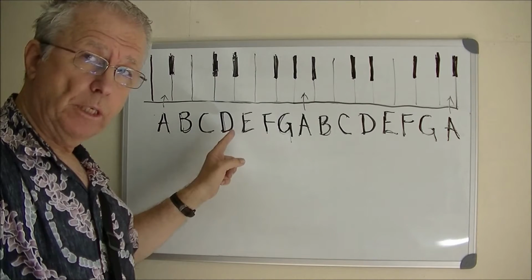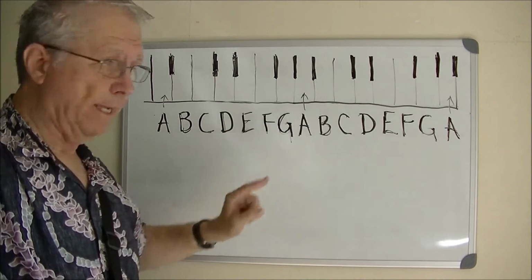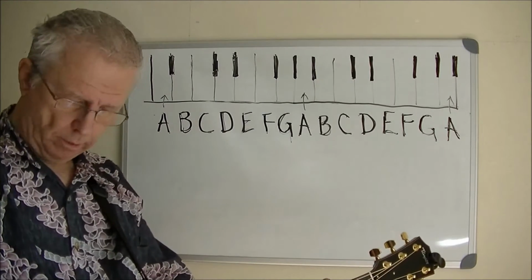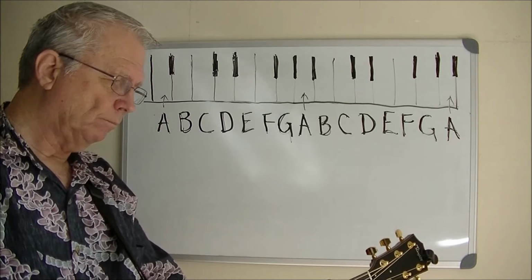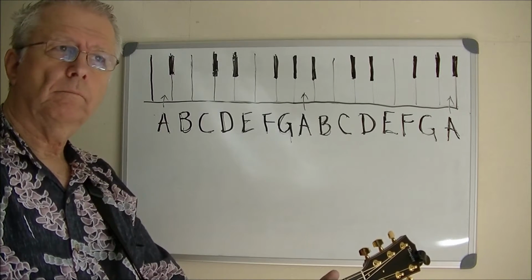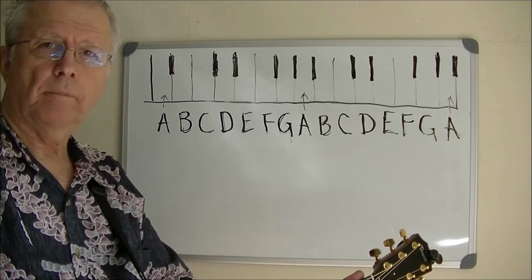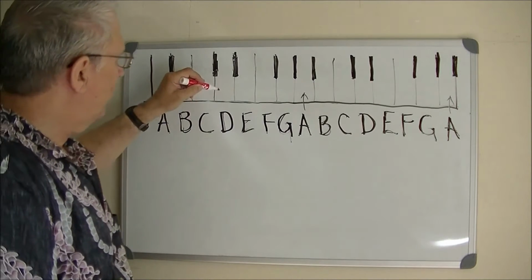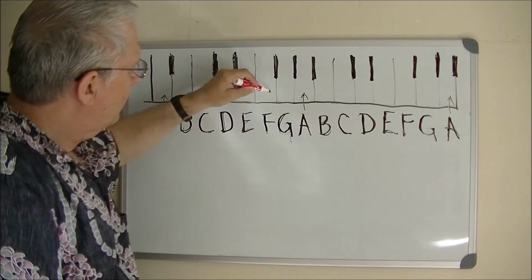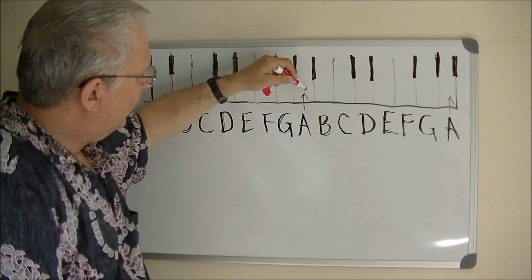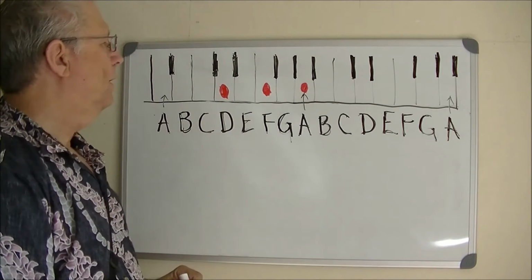A triad has 3 notes. D, F, A spells a chord known as D minor. Here's D, F, and A. D, F, and A.